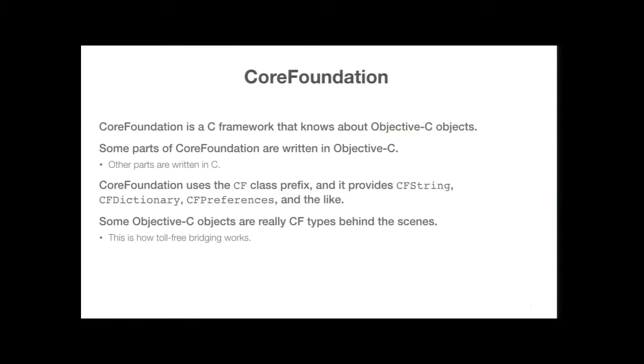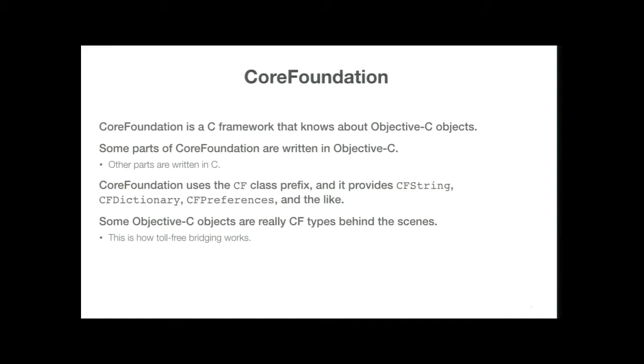So CoreFoundation is the first one we'll talk about. This is a C framework that knows about Objective-C objects, which is a little odd, but it actually ends up working out quite nicely. Some of the CoreFoundation framework is actually written in Objective-C, which is unusual for a C framework. If you've looked at Objective-C code, you may have noticed the CF class prefix.